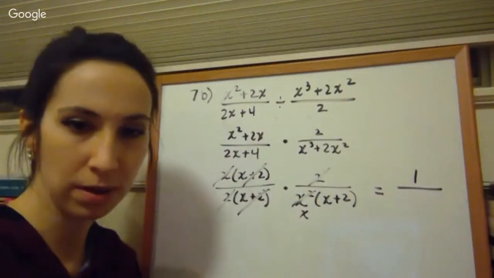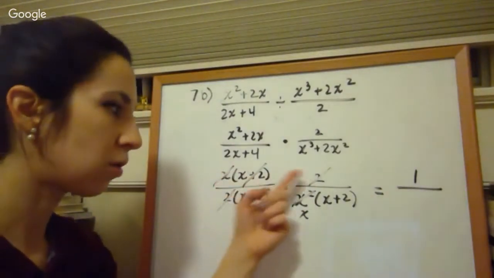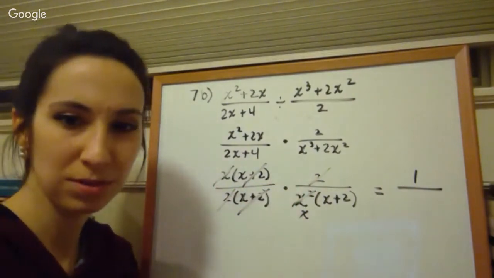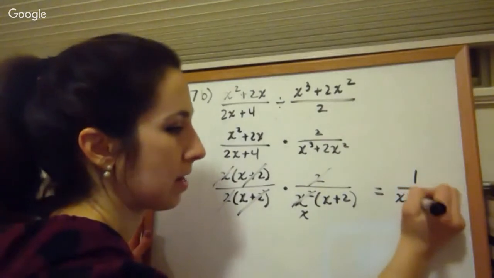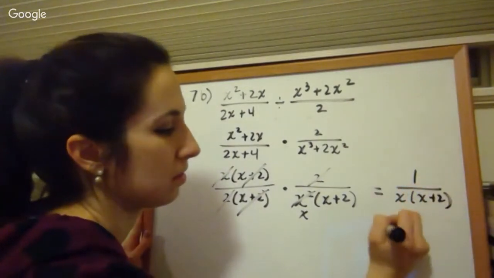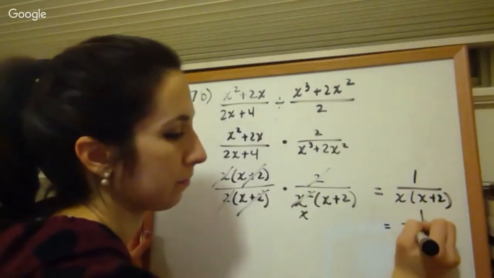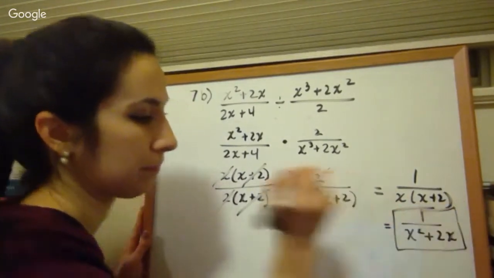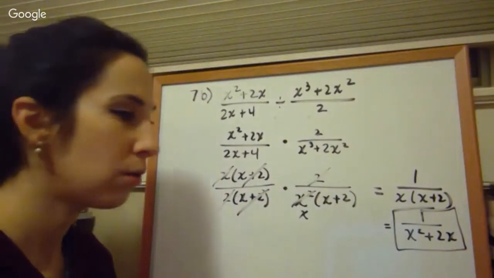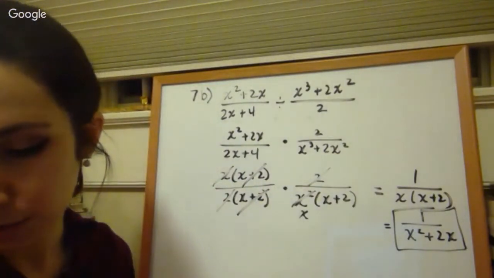It turns out to be 1. Okay, so even though everything is crossed out in the numerator, there's still a 1 there. And then we have x times x plus 2. So we'll just multiply that out, and we have this: 1 over x squared plus 2x.